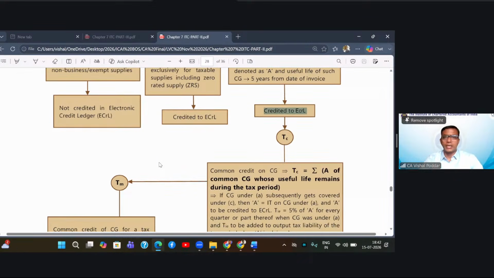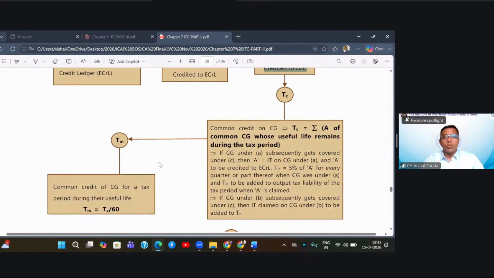Now what you will do? Now you will find out how much ITC applies for 1 month. Now, how do we do that? It is simply the credit that you have taken on such capital goods divided by 60.